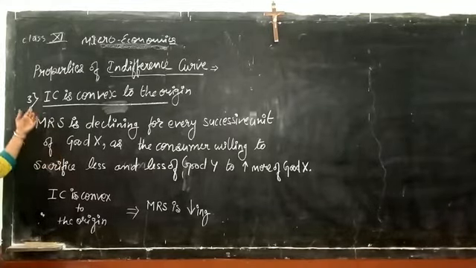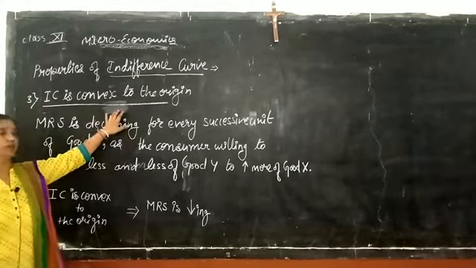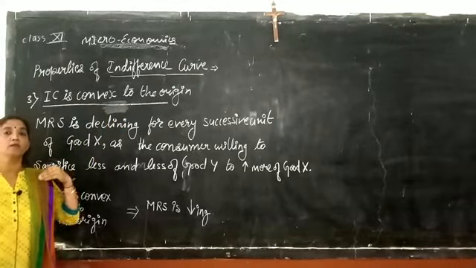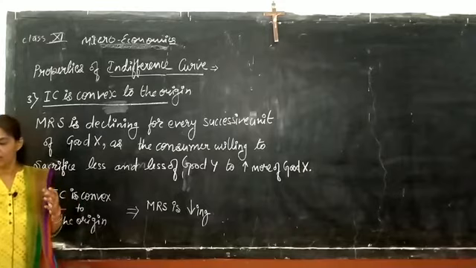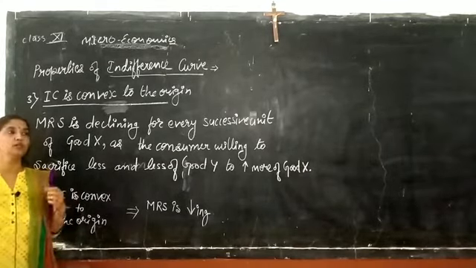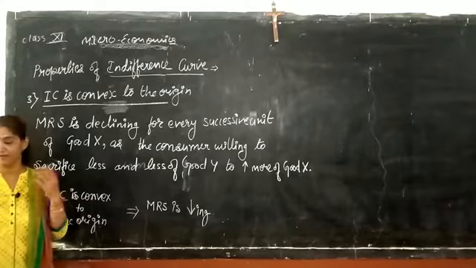Next is the explanation of this term. As a consumer is increasing more and more units of good X for consumption, his intensity of desire for good X will reduce.